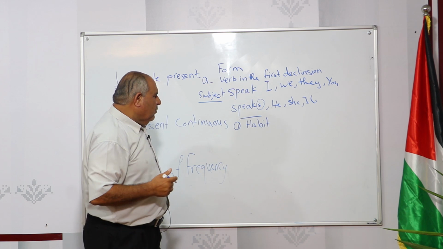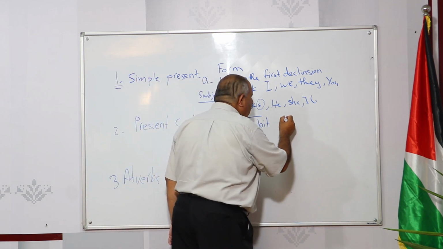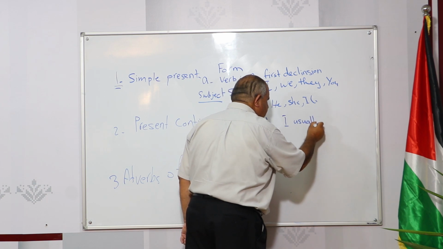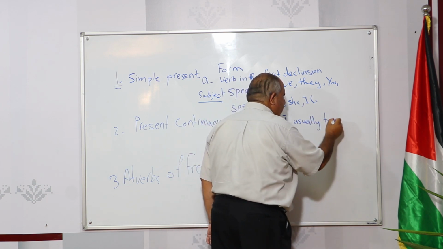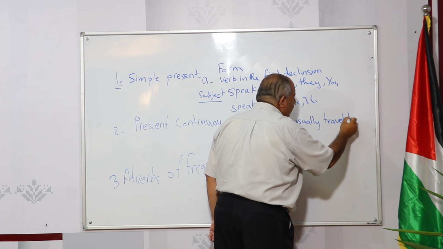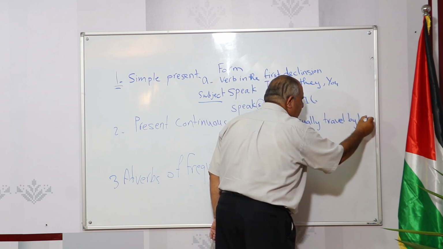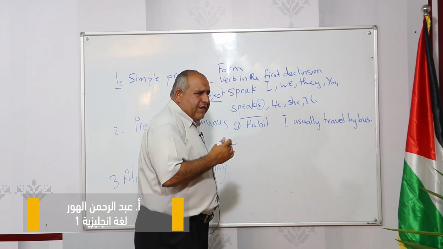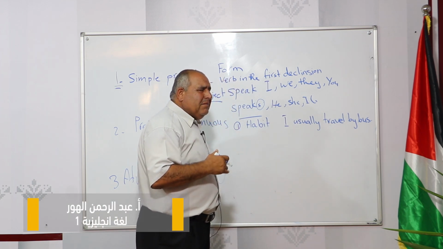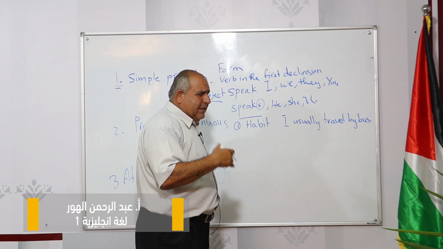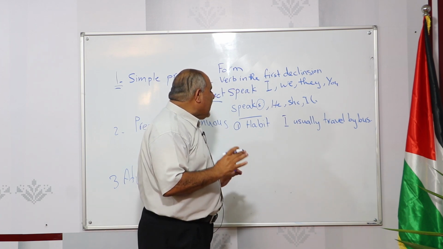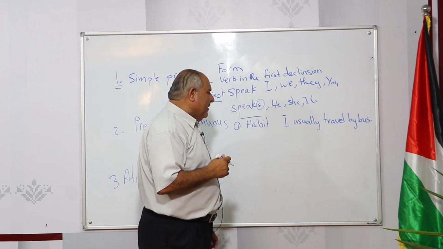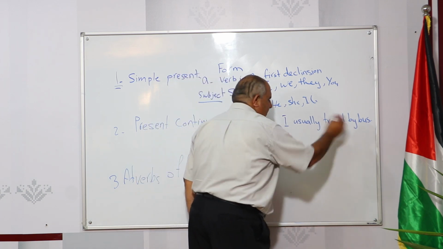For example, we say, I usually travel by bus. This sentence means that yesterday and before that, and maybe today and tomorrow and after that, it was a habit that frequently occurs, again and again, that I travel by bus.